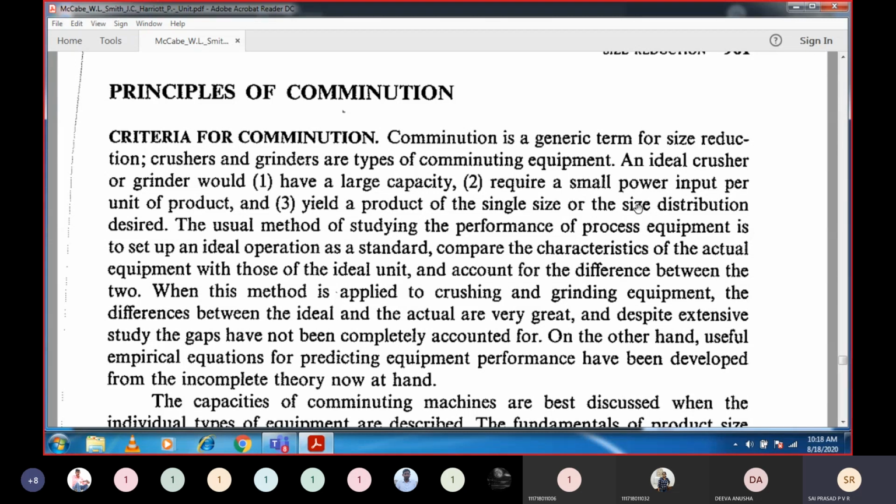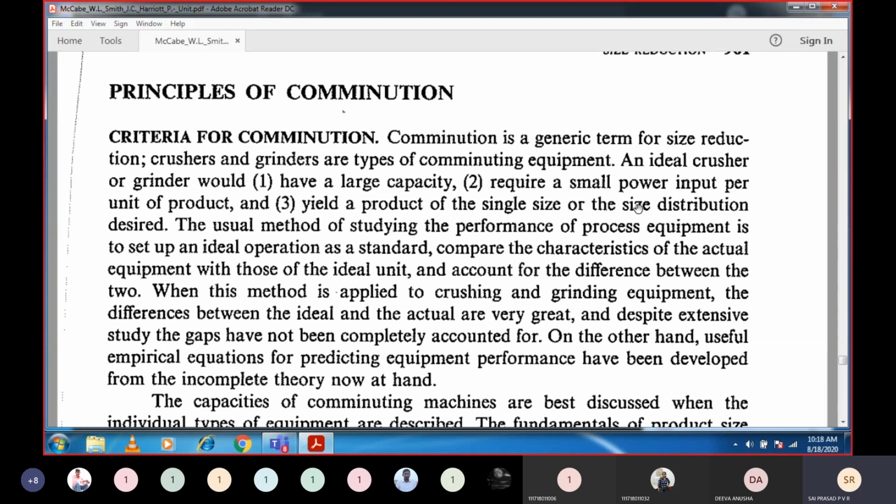Hence this point cannot be satisfied by any crusher, but at least we can say one thing, limitation is there. If you use the words size distribution desired, now I will modify my product. Okay, now I will accept the product if it is 0.5 centimeters to 2 centimeters. This variation I am going to give. Then I can accept, and then of course we can consider some amount of profit. Okay.